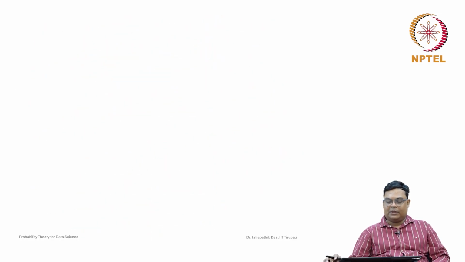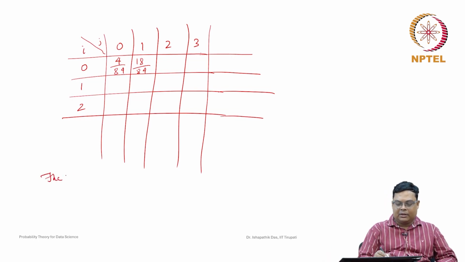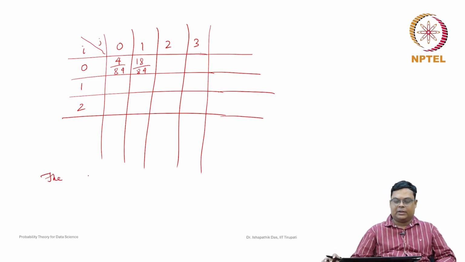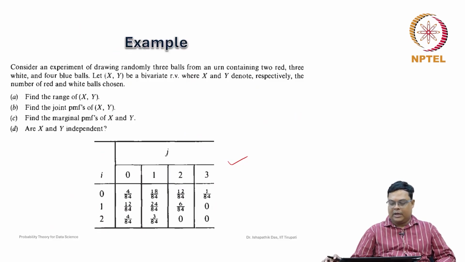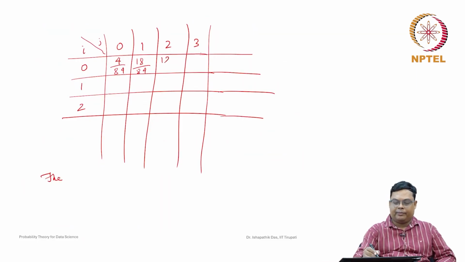How can we find the marginal probability mass function? Let us write down these values: 18 by 84, 12 by 84 and then 1 by 84, 12 by 84, this is 1 by 84.